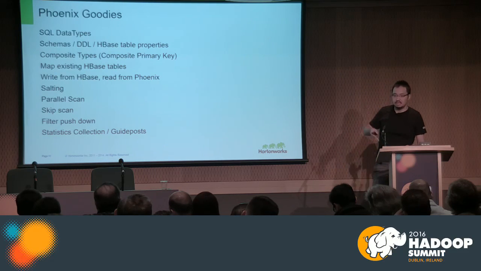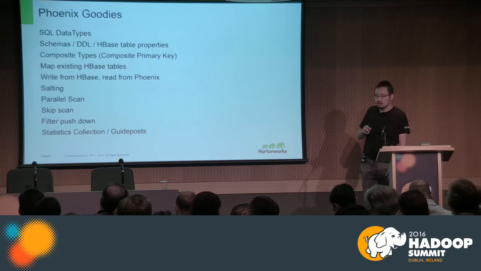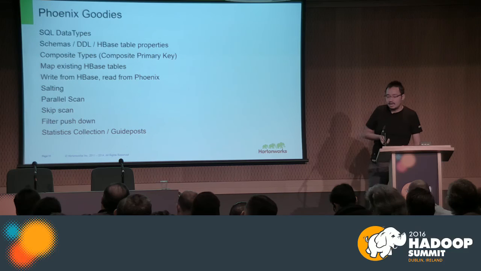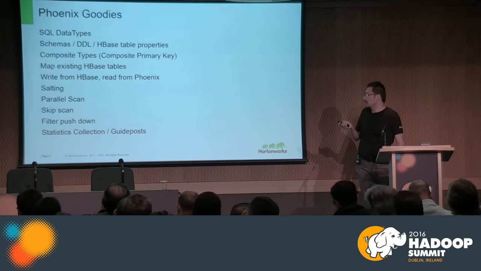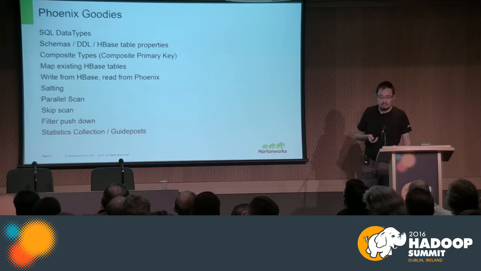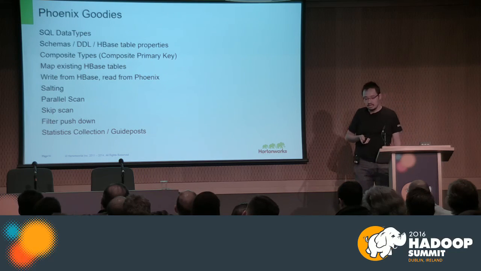You can just write the create table statement in Phoenix, and it will get converted into an HBase table. It has composite types and also composite primary keys, so you can have multiple columns combined into the HBase row key, which is very powerful. We'll cover all of these.